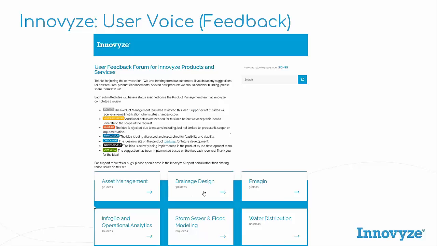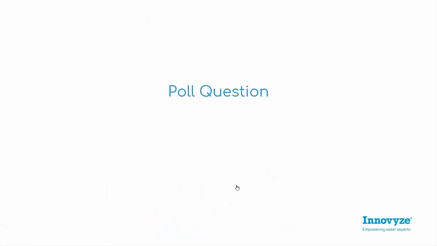Other people can then go along and vote for those ideas. The more popular ideas are then fed into the technology development cycle, and that helps you and helps us to prioritize what we do with the software.